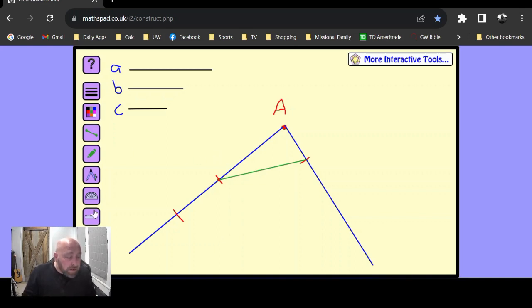So if we go ahead and copy this angle right here, how are we going to do that? Well, you remember how to copy angles, okay? So we'll copy this angle right here and put it right here.